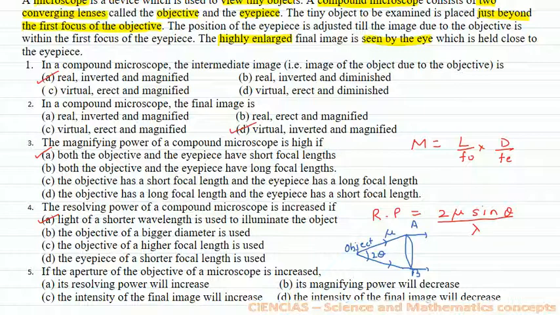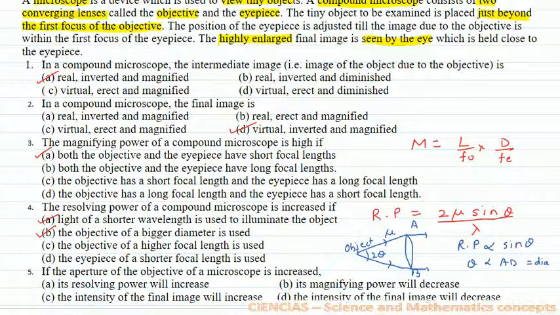Since resolving power depends upon sine theta and theta depends upon AB, that is diameter, therefore we can say that option B is also correct. The objective of bigger diameter is used.